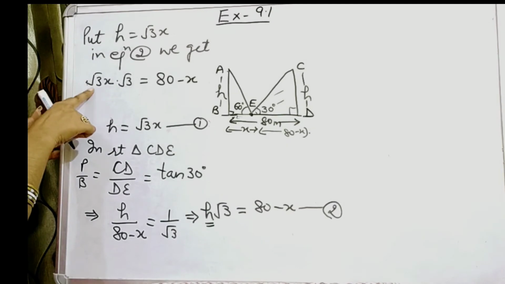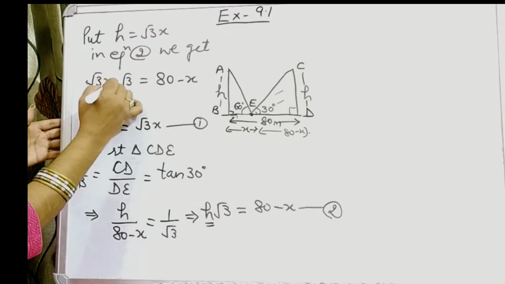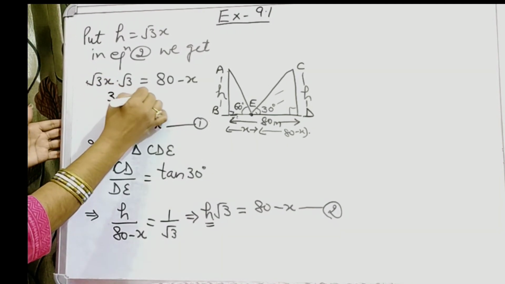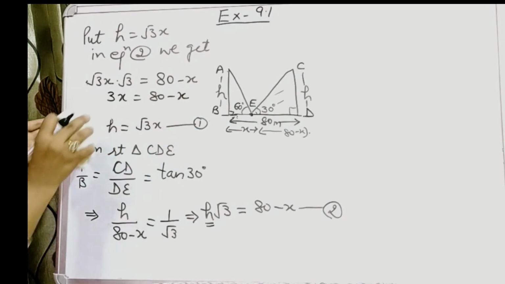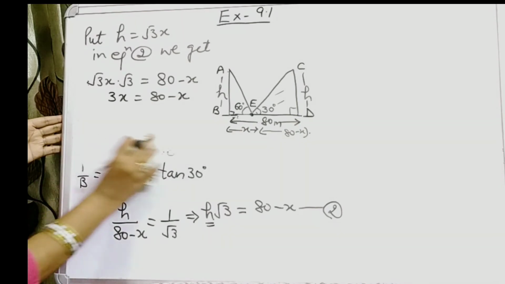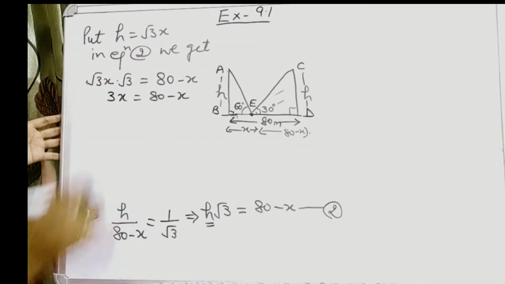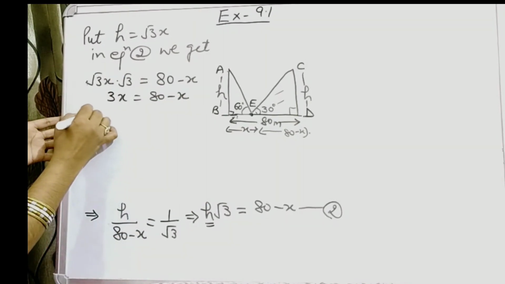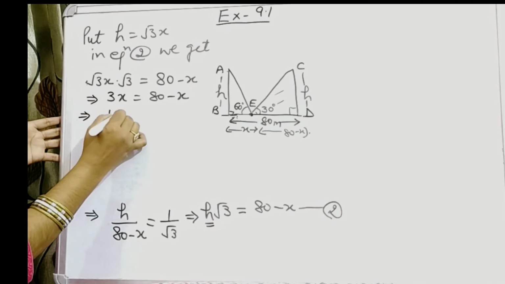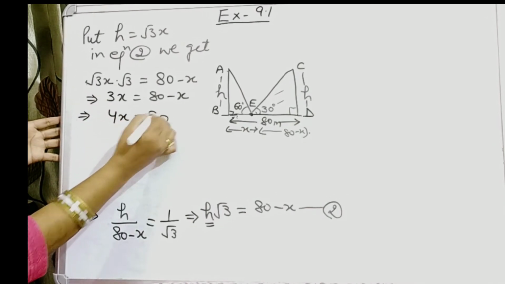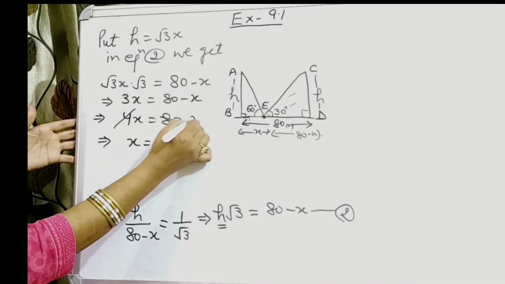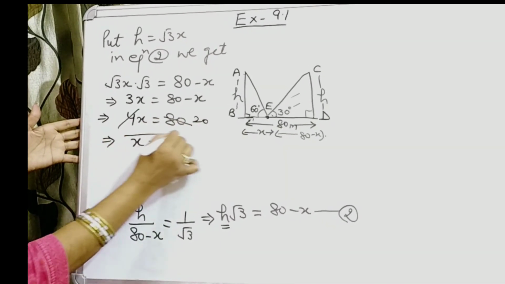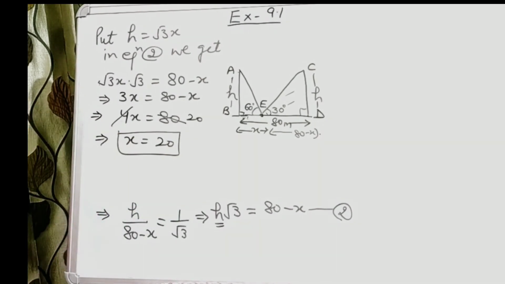Root 3 into root 3 is 3, so 3x is 80 minus x. Take this x to this side, so we get 4x equal to 80, or x equal to 20.